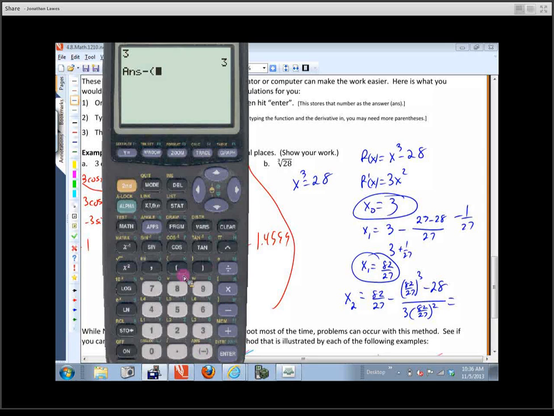So again, set of parentheses, and that function is, we're going to take the answer and cube it. Then we're going to subtract 28. That'll give us the function value at the old guess. Then we're going to divide that by the derivative, and that's 3 times the old answer squared, close the set of parentheses.